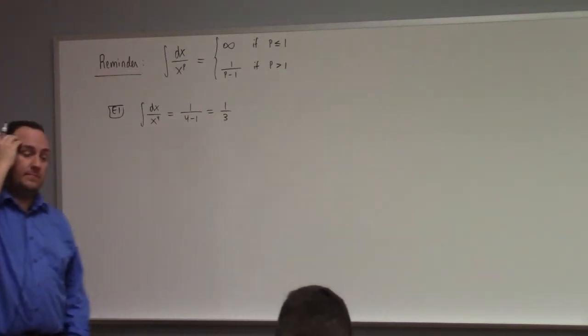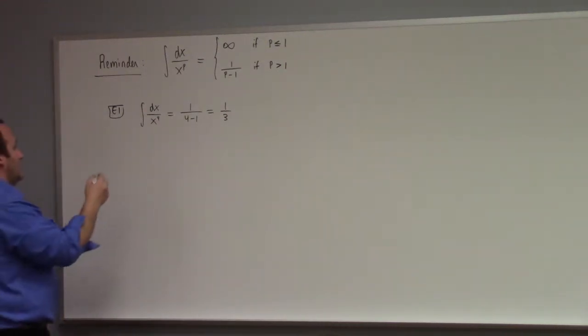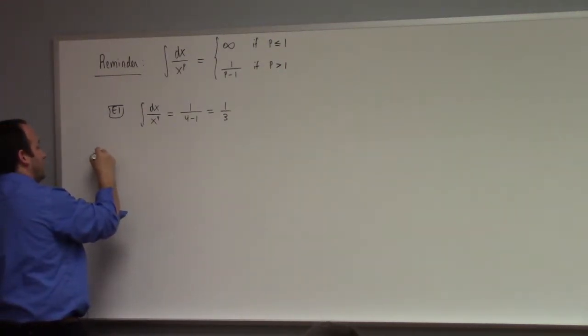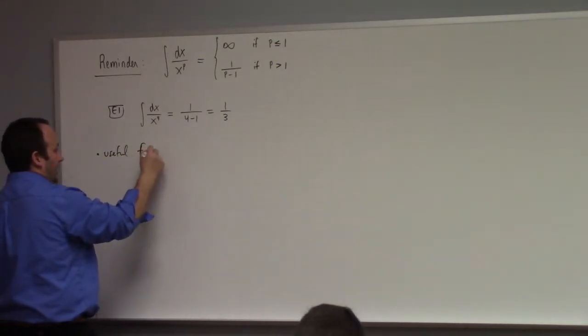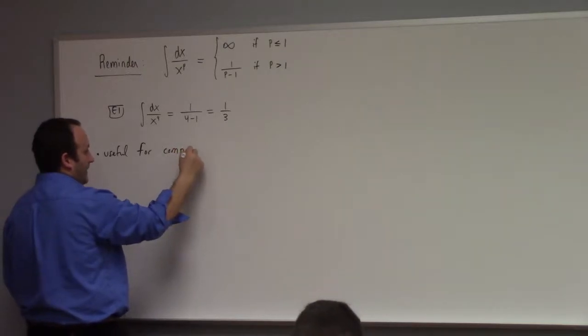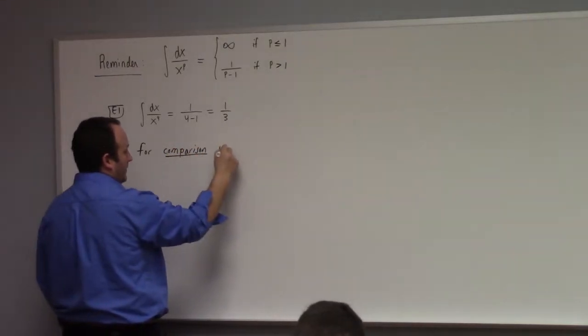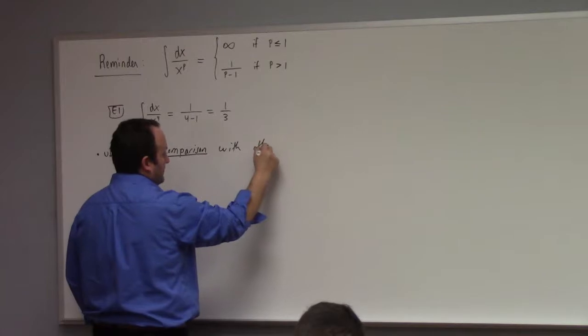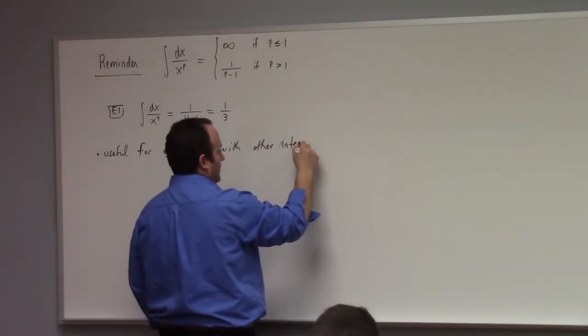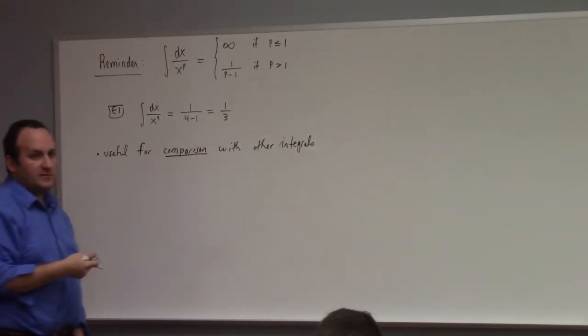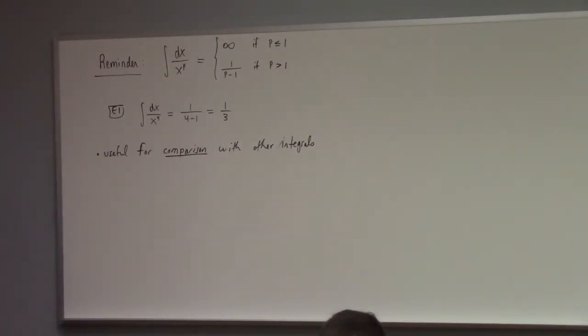So this is useful for comparison with other integrals. Last time I did the integral of 1 over x to the fourth plus 1, and we argued it converged by comparison with the p equals 4 integral, right?